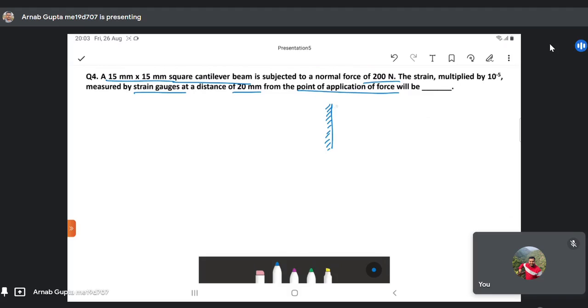If you simulate any operation, say a turning operation, you have the tool here. I'm drawing a 3D view.